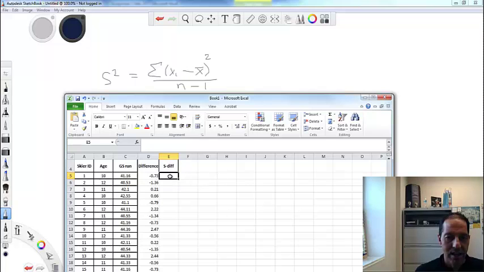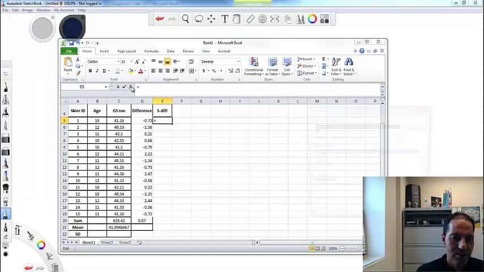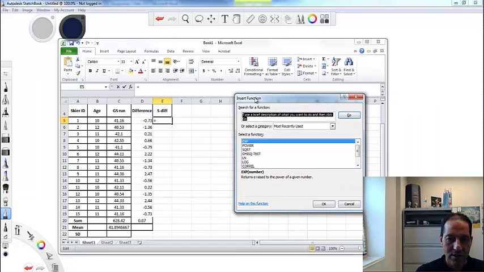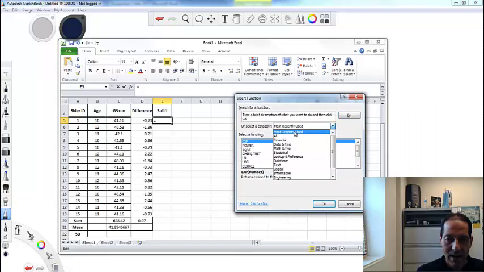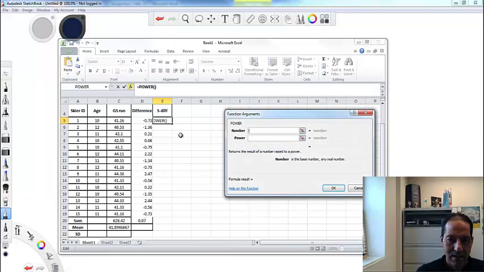So let's go ahead and now square it. So I'll go back into my book of tricks here. In this case, I'm going to hit the function key, and I'm going to look for the function. So if I go under math and trig, I could find the power function, right? That's what we're doing. Here it is, power. So here we have the power of a certain number. So let's click that.